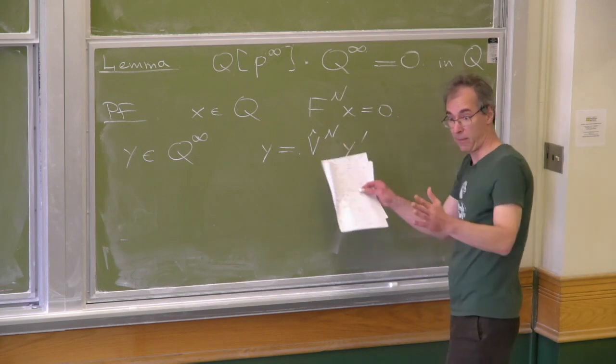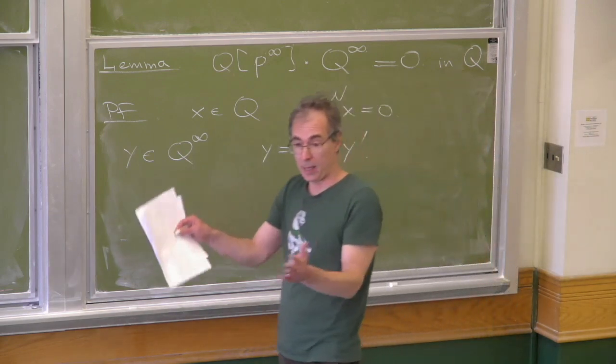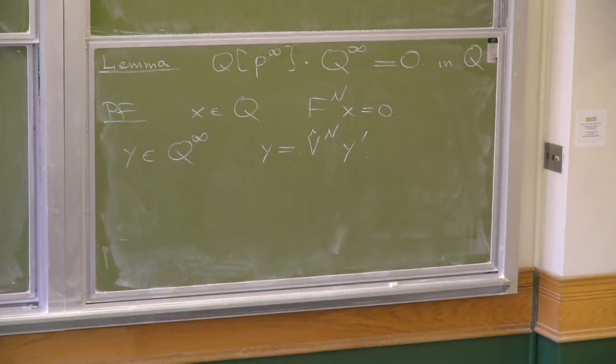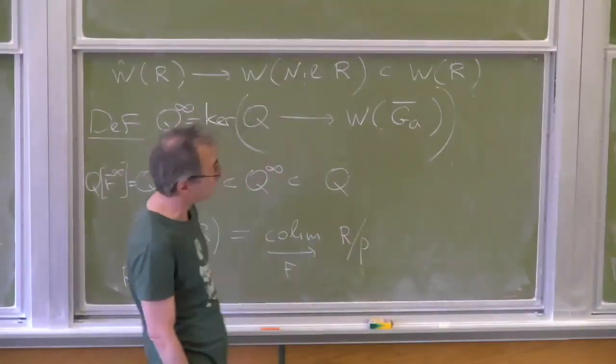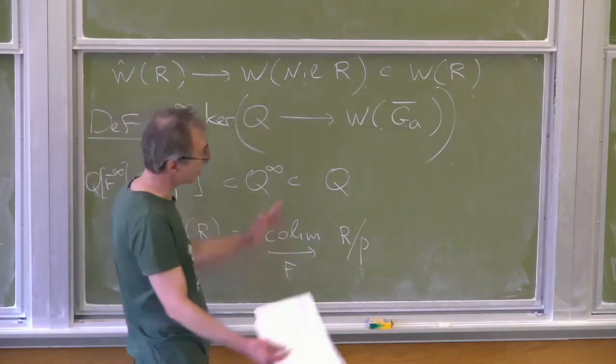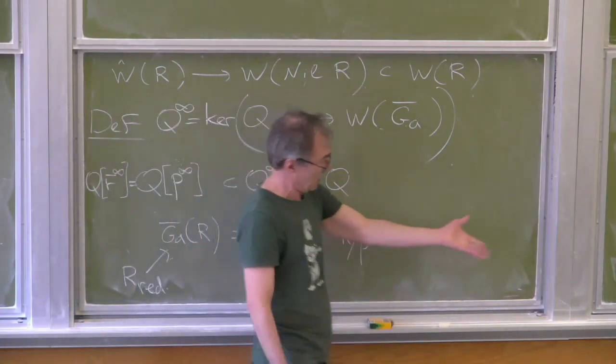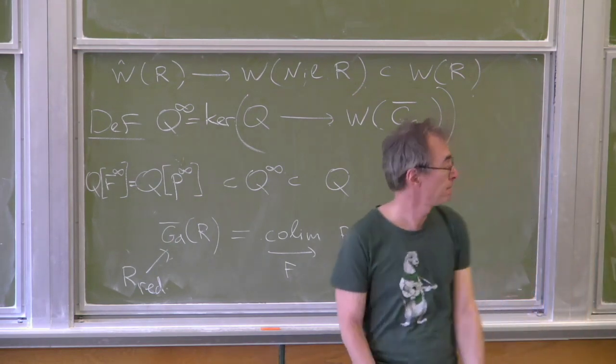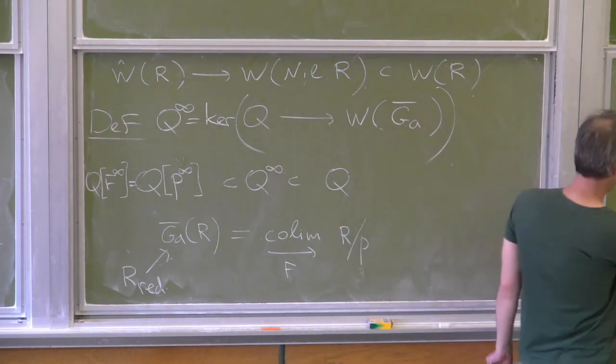Because if I have a Witt vector whose coordinates are all nilpotent, then in the quotient of W of R modulo W hat of R, I can write it as Verschiebung of something.